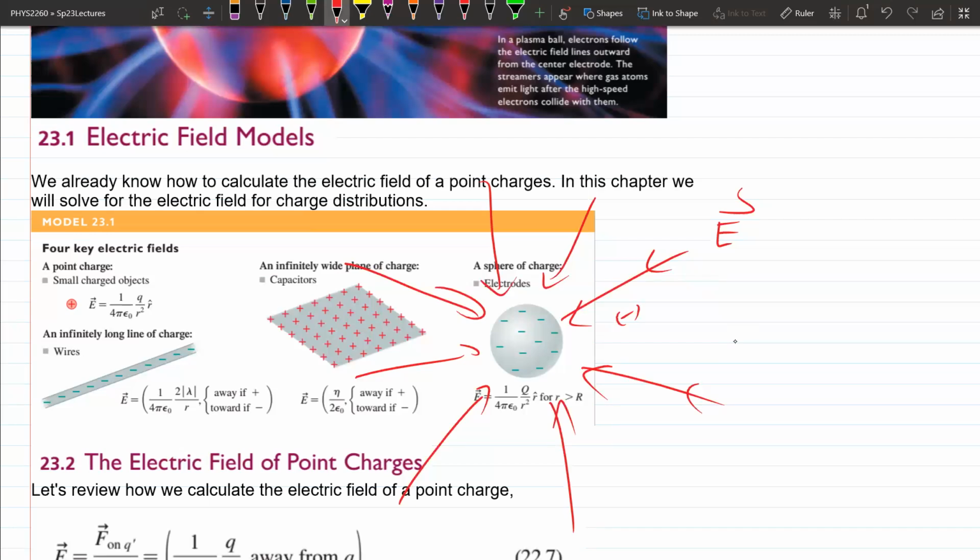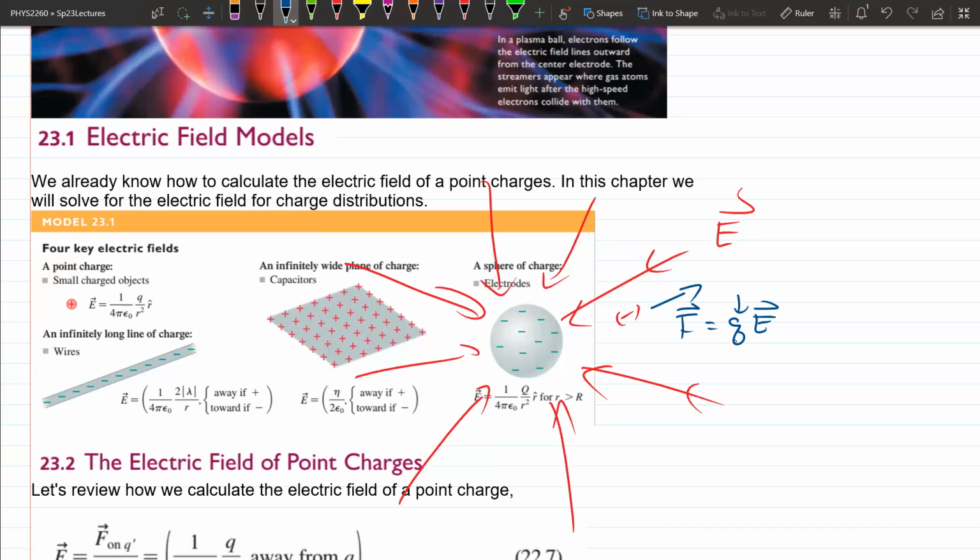Anyone, which way will the force be applied to it? Inward or outward? Anyone venture a guess? Outward, right? Because the force is the charge times the electric field. Since this charge is negative, it's going to go in the opposite direction of the electric field.